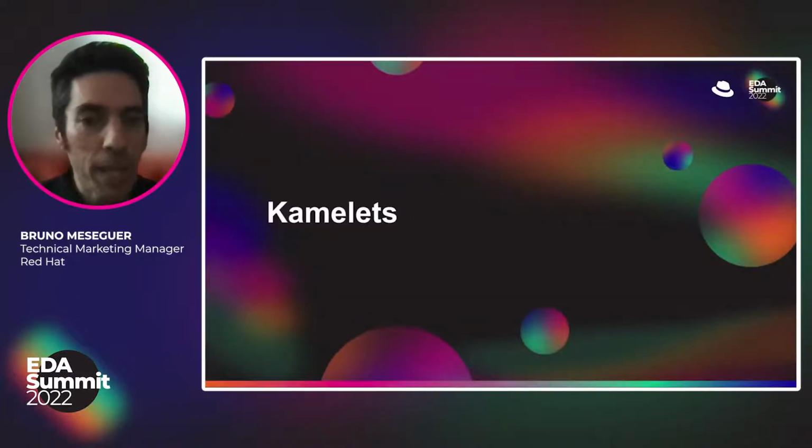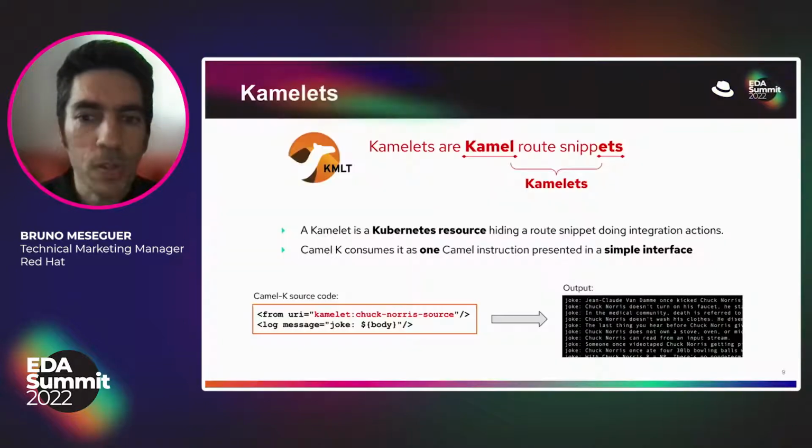Now, let me introduce Camelets, which is something that comes with Camel K. This is an abstraction layer, sort of building blocks that will help us to work in a very easy way with Camel K. Camelets comes from the combination of camel route snippets.